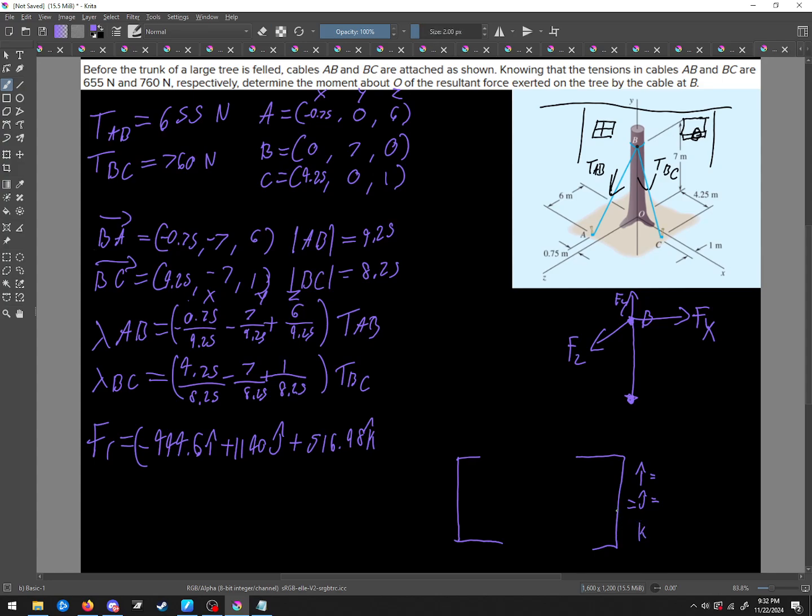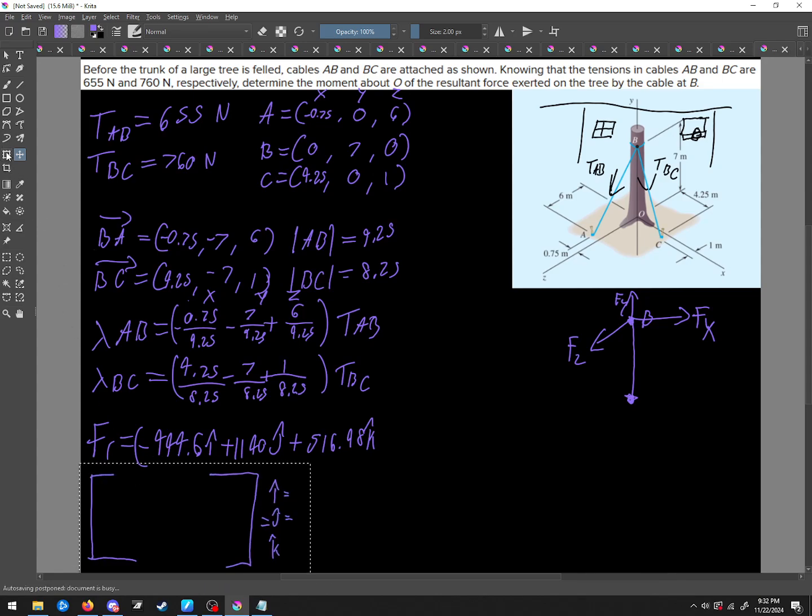Hold on. I can do trickery. Look at that. Magic. So R is going to go on top, and it's going to be 0 I hat. It's going to be a 7 J hat and a 0 K hat. And now we're going to have negative 444.6.